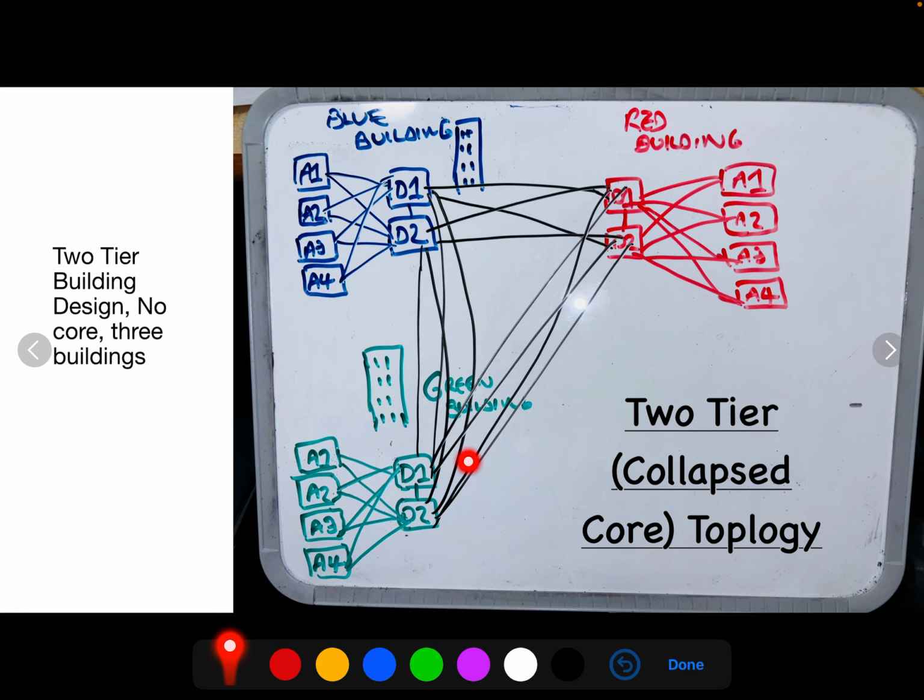Now, between the distribution switches, there's connectivity to every other distribution switch. You can see there are links coming out of all these devices: 4 coming out of here, 4 coming out of here, and 4 coming out of here. And there are also links going across. So that's your 2-tier collapsed core topology.